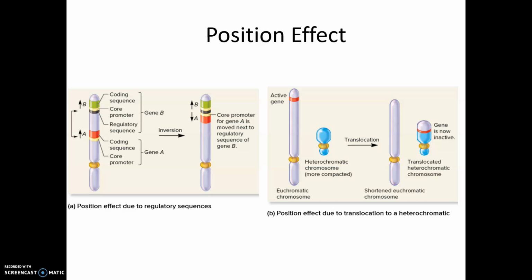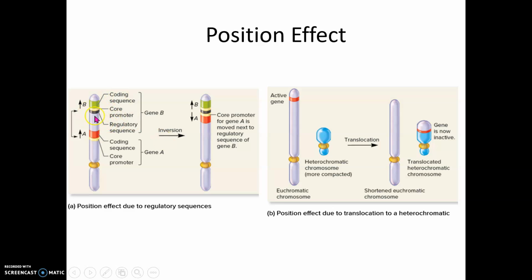You have position effect. We talked about this when we talked about chromosomal mutations, specifically translocations and inversions. So even though they weren't changing the amount of DNA material, they could change how it was expressed depending on where they fall.